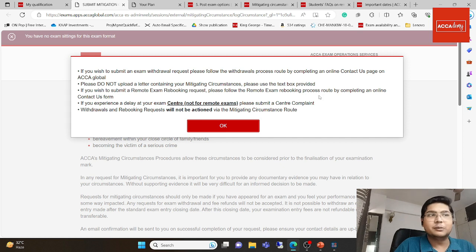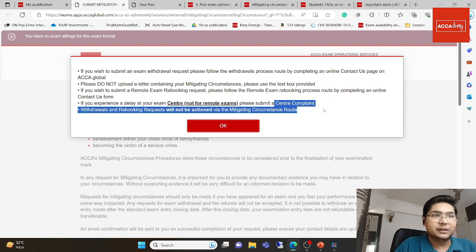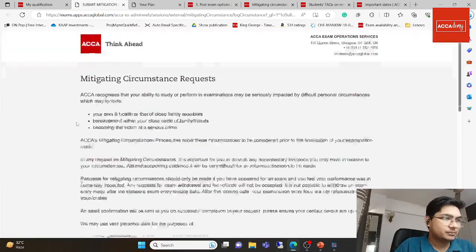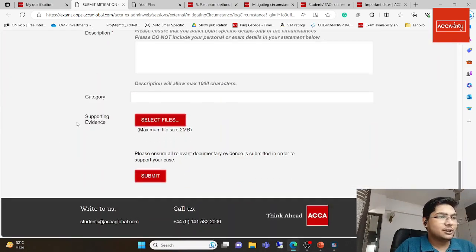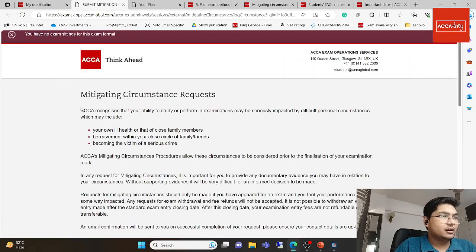Yes, you can rebook your examination. And if you have experienced a delay, please submit a center complaint. That is, if you have given a center examination and due to the center's problem or technical glitches, you weren't able to give your exam at your best, you can file a center complaint. Withdrawal and rebooking will not be actioned via the mitigating circumstances route.